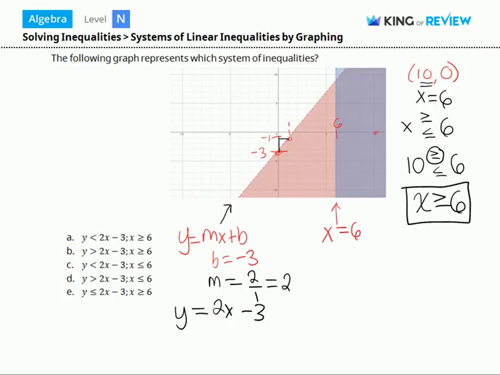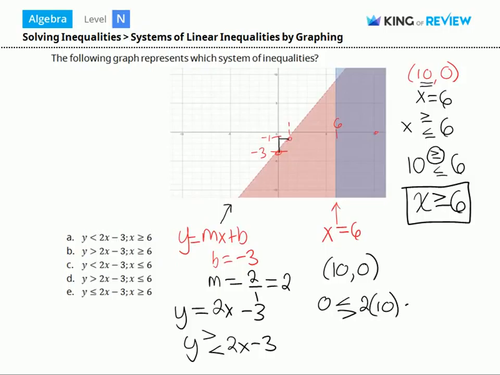Now we need to determine whether y is greater than or less than 2x minus 3. And to do so, we'll use the same point, (10, 0). When we plug in our values, we get 0 is less than or greater than 2 times 10 minus 3.